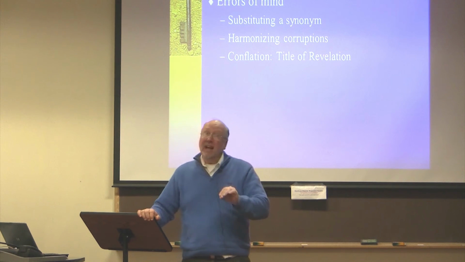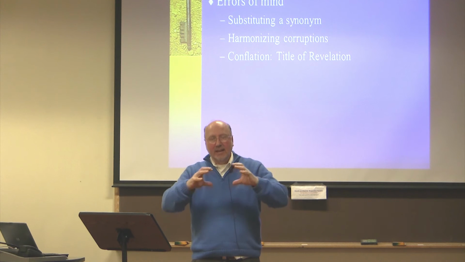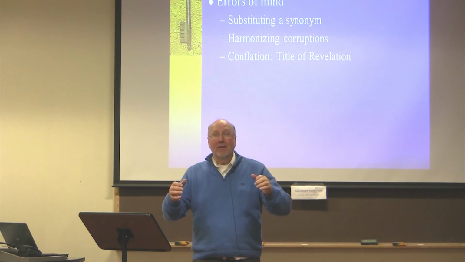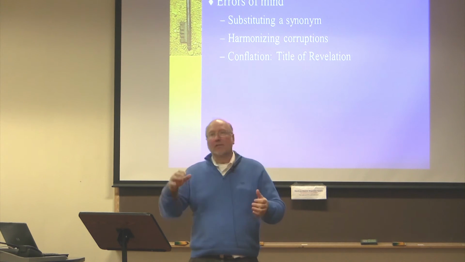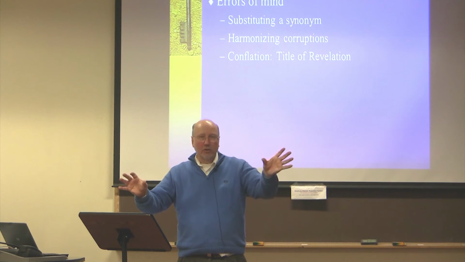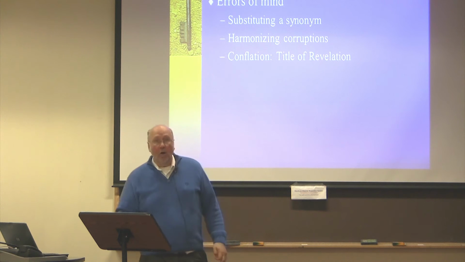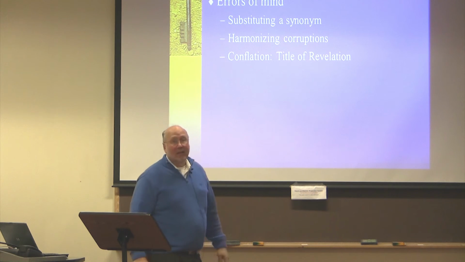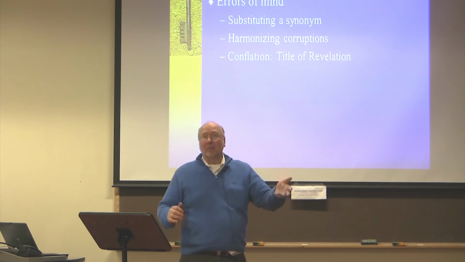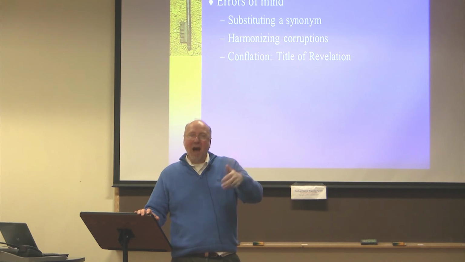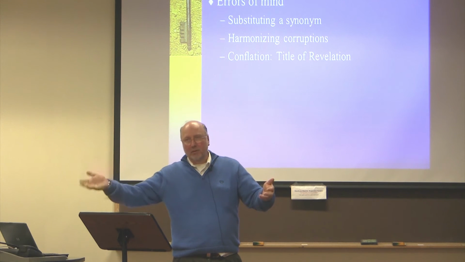Now that's the important point. The text had a tendency to grow. Scribes would rather not delete stuff, so they kept it in. So it's the church of the Lord, the church of God becomes later on the church of the Lord God. So the text had a tendency to grow. The title of the book of Revelation was originally "the Apocalypse of John." And then it was "the Apocalypse of John, the beloved disciple of Jesus."